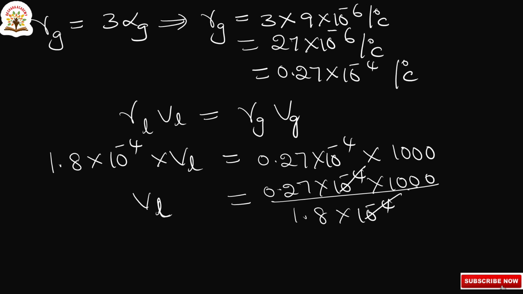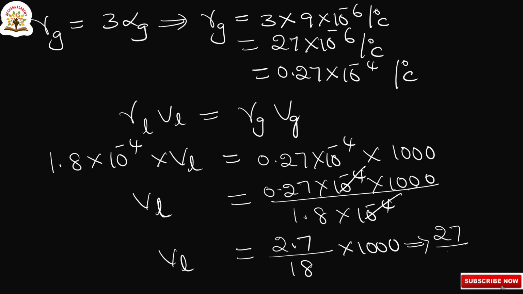Removing the decimals, we are writing this as 2.7 by 18 into 1000. So this can be written as, again removing the decimal, 27 by 10, the 0 gets cancelled. Now this is 27 by 18 into 100.